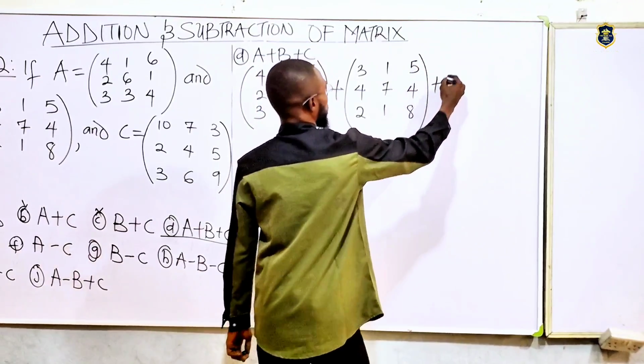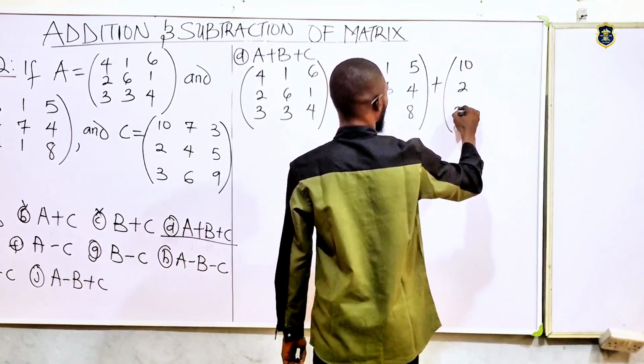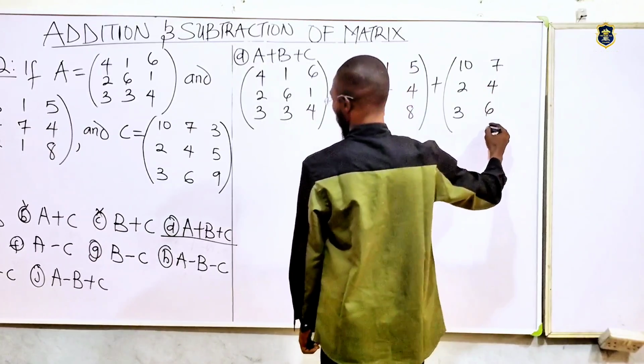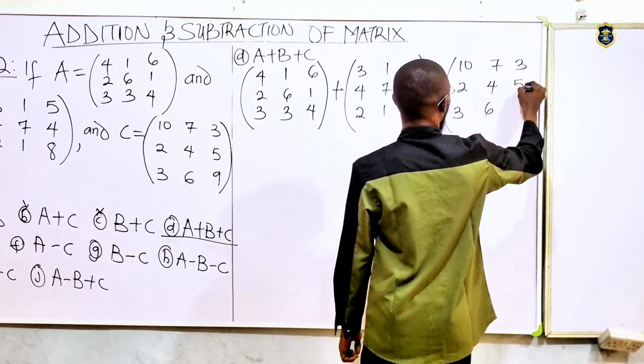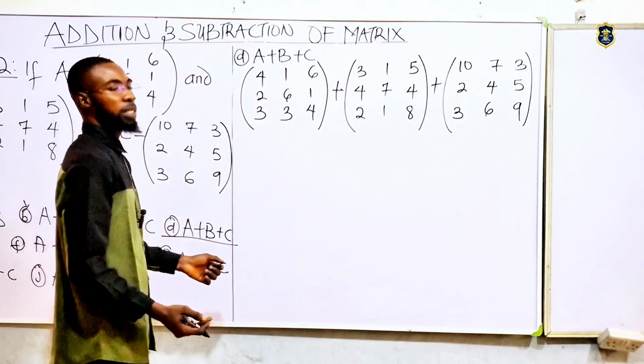And then our C is [10, 2, 3], [7, 4, 6], [3, 5, 9]. As simple as you get. We're just adding all of them.